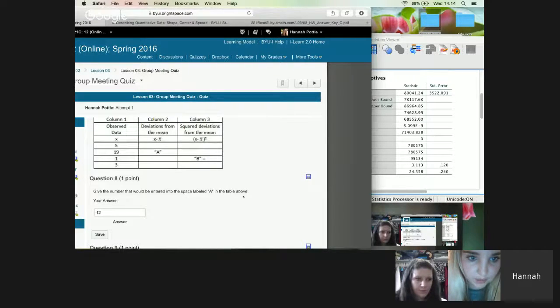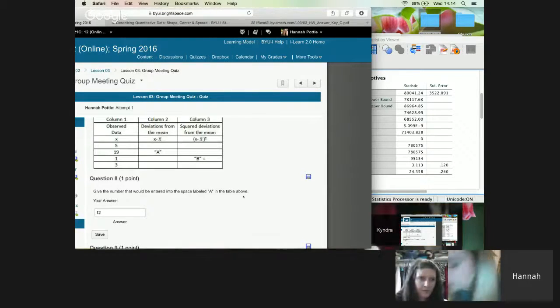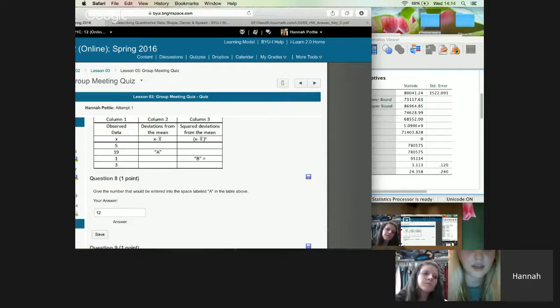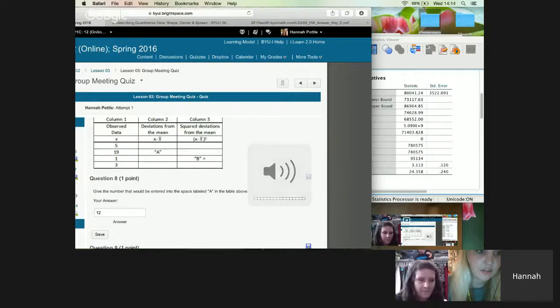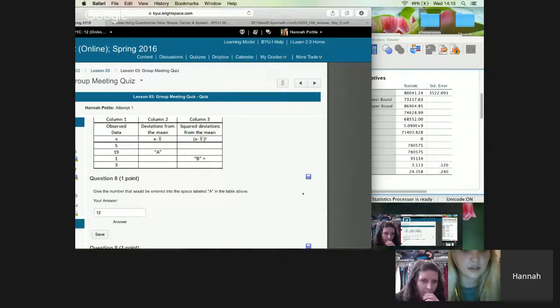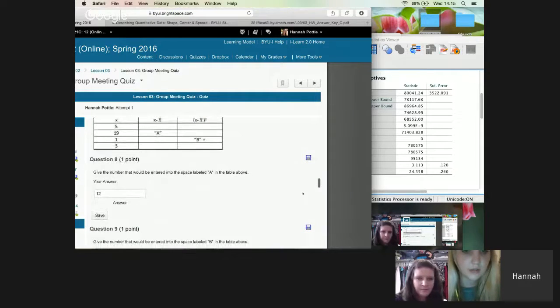Okay. 9.67. So how did you get that? Well, I actually don't know if I even did it right. If you go on the book, if you click on one of the examples that he has, like a graph, and you put in the numbers on the side, it automatically puts it into standard deviation.